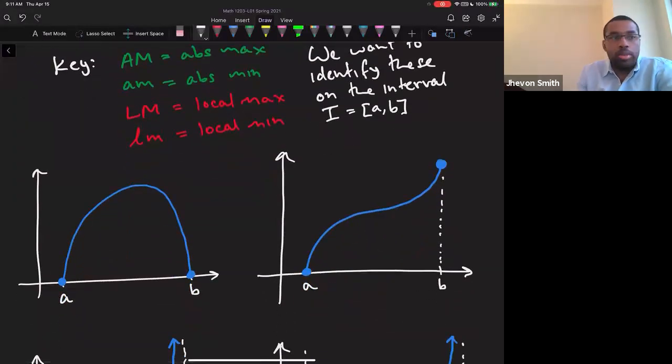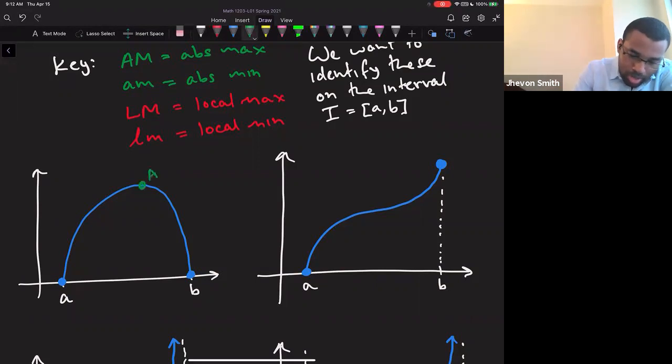Does this have an absolute max or an absolute min? Absolute max, yes or no? Yes. The absolute min, yes or no? No. Wait, yes. Okay. So the absolute max is here.